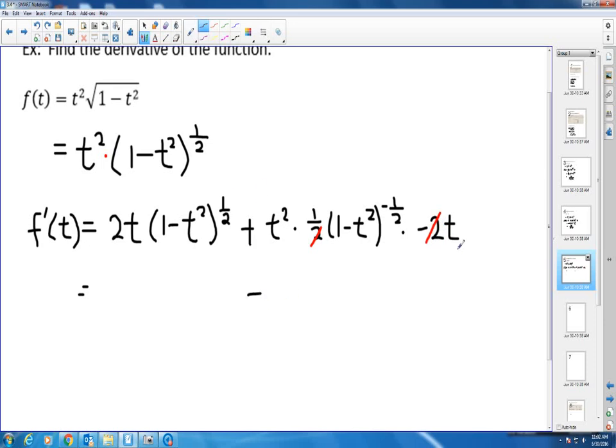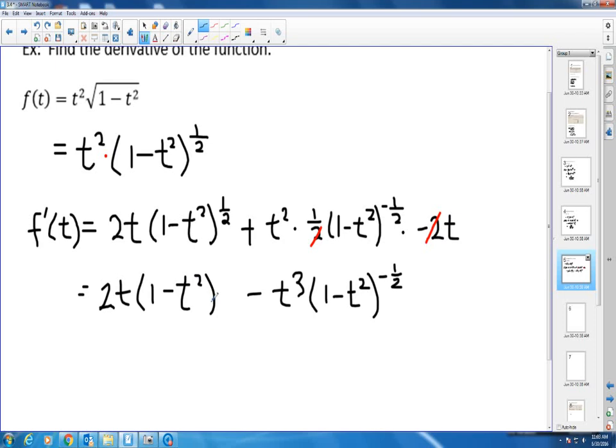Then t squared times t gives t to the third power, and then I still have 1 minus t squared to the negative half power. The front is still 2t times 1 minus t squared to the half power.